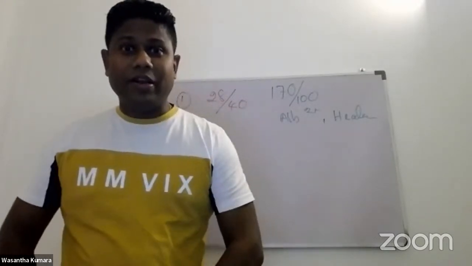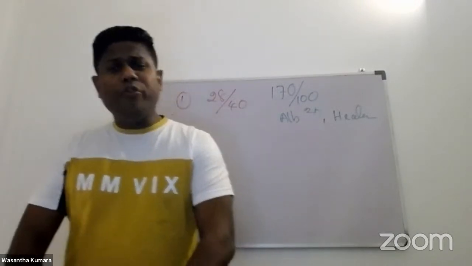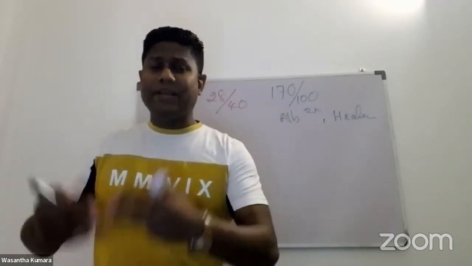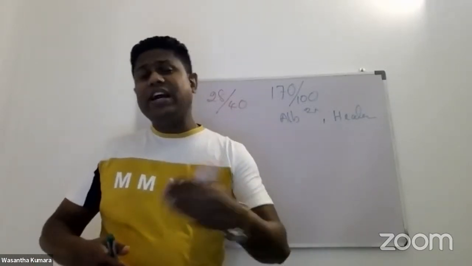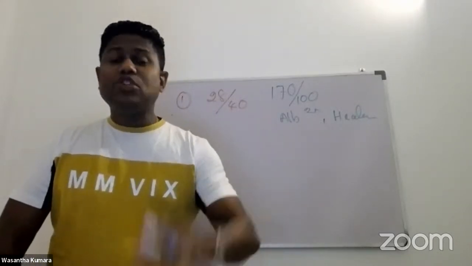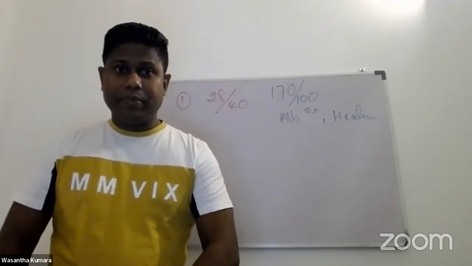It's extremely difficult, especially in the Sri Lankan setup. So will you go for a delivery in this situation, or will you try to control the blood pressure, stabilize the patient and continue the pregnancy till the baby achieves maturity? This is one of the common scenarios that you will come across in the exam.